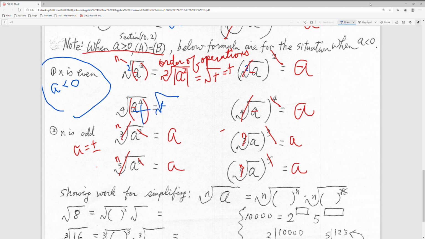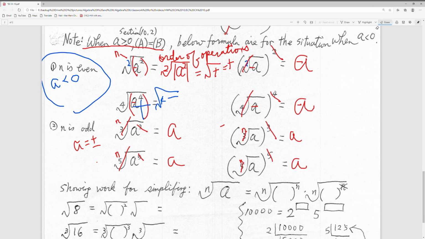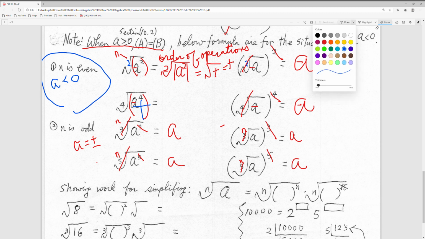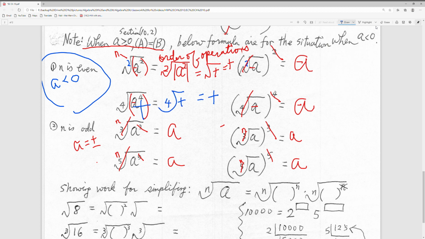And the fourth root of a positive number needs to be positive, not negative. So if you don't know what A is, then you still need to put the absolute value.